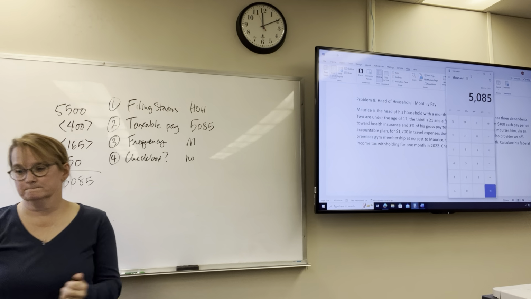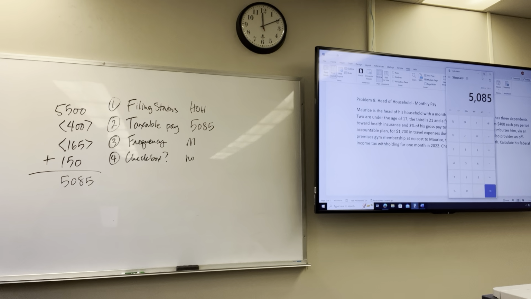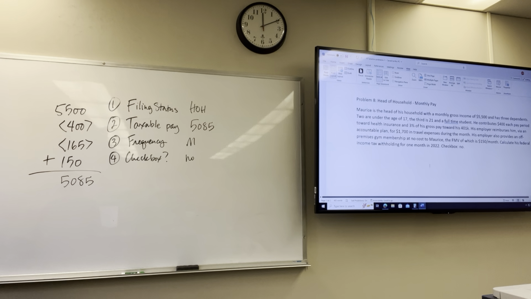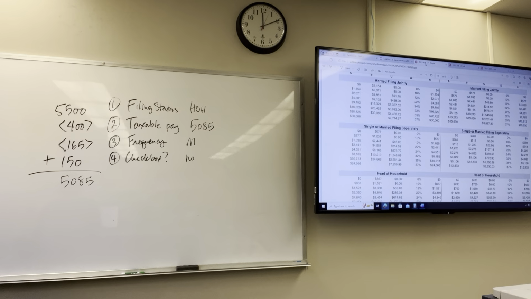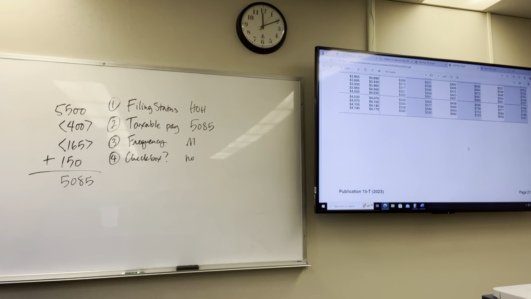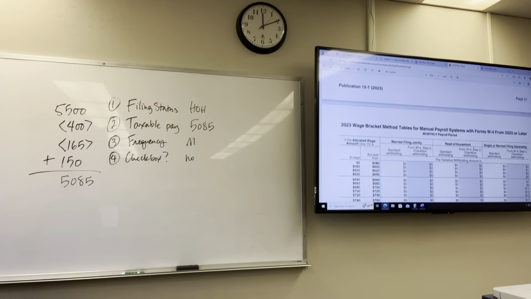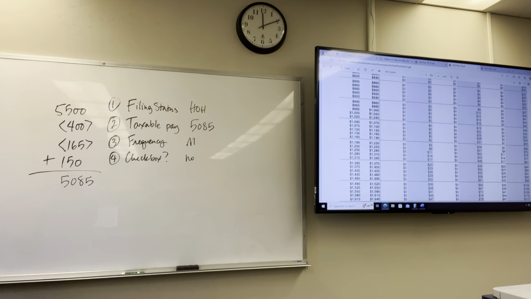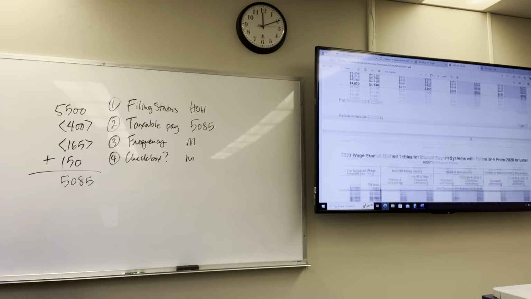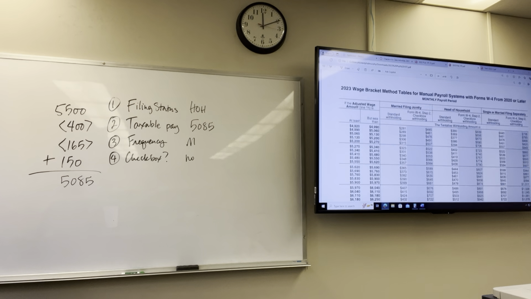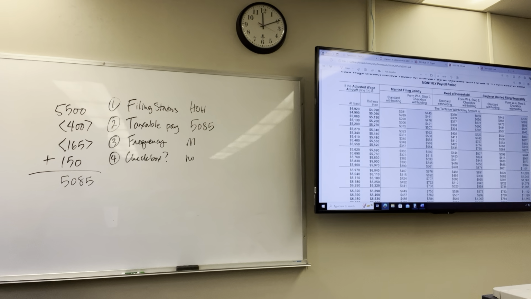All right. So with head of household, using this one, he is paid on a monthly basis, so that means he's going to fall on this chart. 5085 is over 5060 but less than 5130.